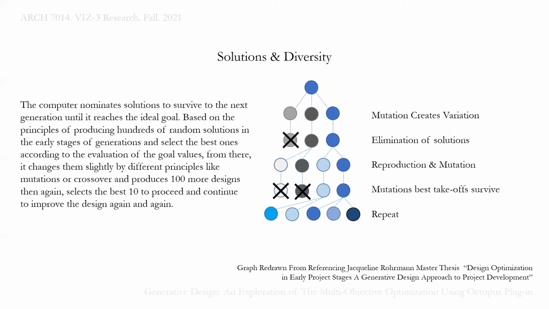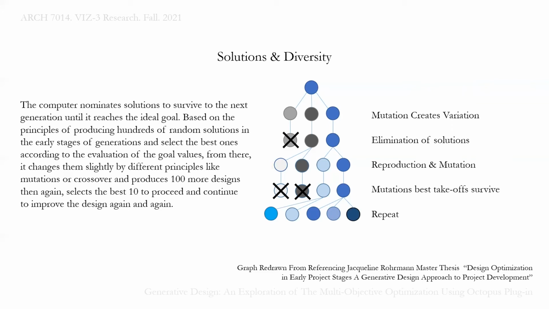It starts with the mutation that creates different variations, and then the optimization engine starts to eliminate solutions that are far off the goal values or far off the parameters or constraints that the designer input in the graph or in the system, and then it reproduces more solutions from the most sufficient solutions of the previous generation.